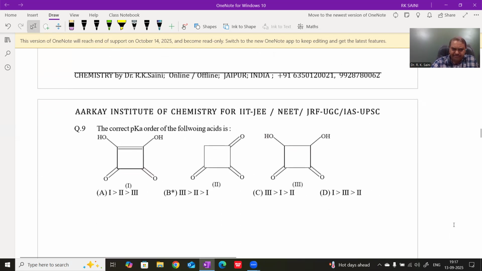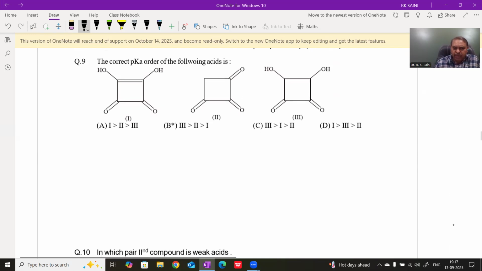Very important question. Correct order of the pKa of the following compounds. We consider compound first. After removal of H plus ion, its conjugate base is the following, and due to resonance it is an aromatic species.